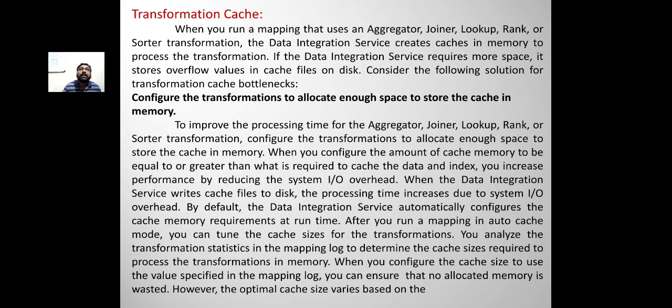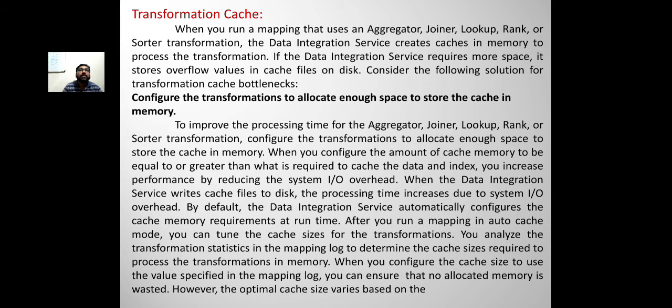Transformation cache. When you run a mapping that uses an Aggregator, Joiner, Lookup, Rank or Sorter transformation, the Data Integration Service creates a cache in memory to process the transformation. If the Data Integration Service requires more space, it stores overflow values in cache files on disk.